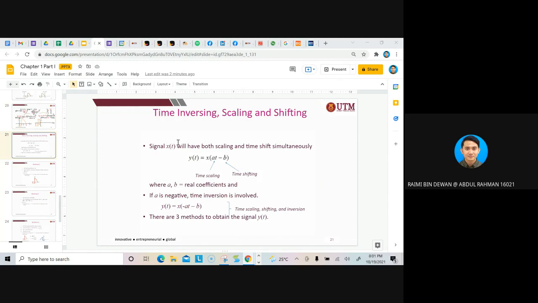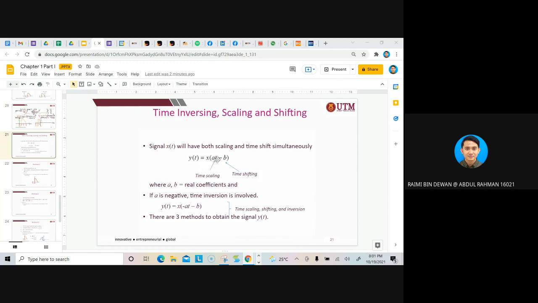For example, here the signal will have both scaling and time shift. We consider this example: y(t) = x(at - b). You can see that a is a constant. If it is different from 1, for example 2 or -2, then your signal will experience time scaling.